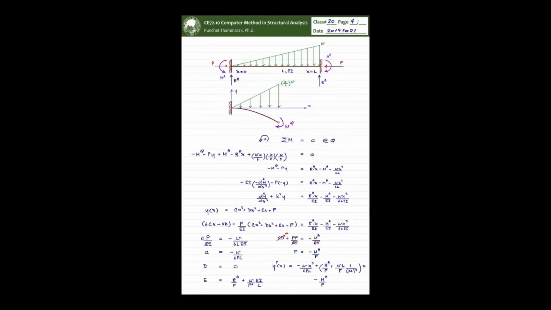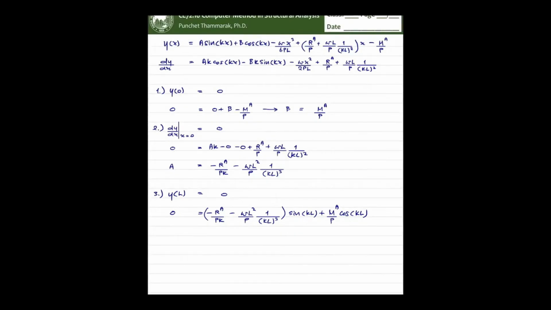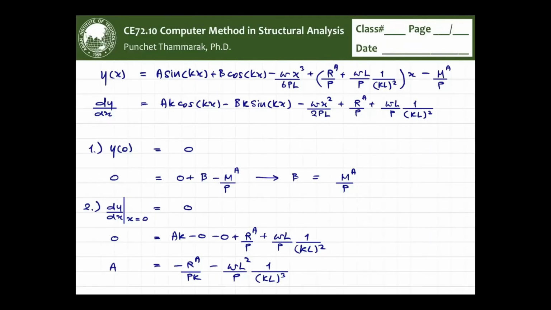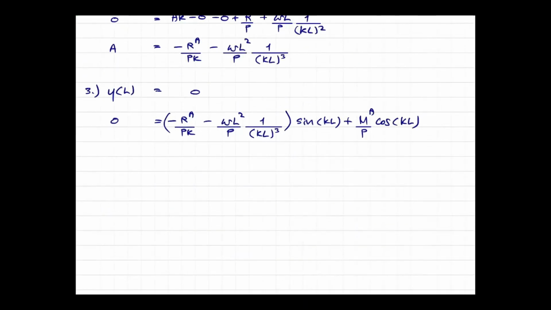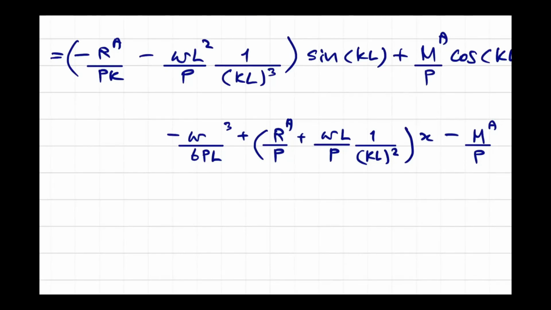Yeah, okay. MA over P cosine KL, and then the other terms. So let me just copy them and paste here. And don't forget that we have to replace the X by the L.